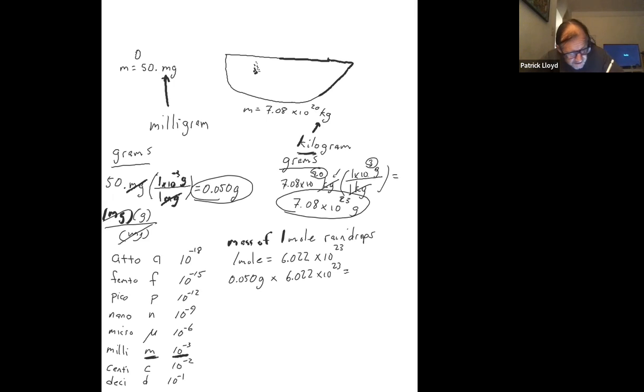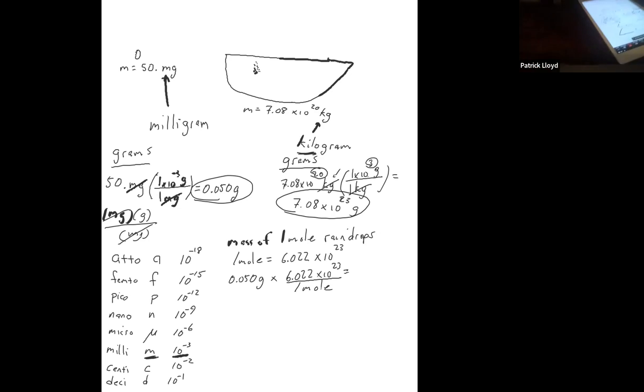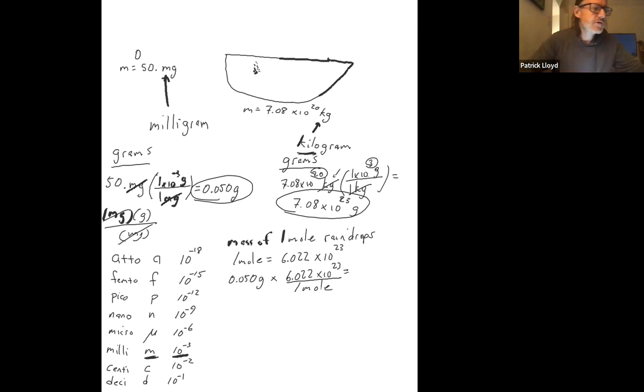Now, let me be technical about the units. That's how many are in 1 mole. 6.022 times 10 to the 23rd raindrops is 1 mole. Okay, like a dozen. A dozen is 12, right? A mole is 6.022 times 10 to the 23rd.